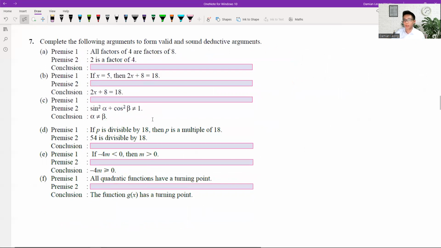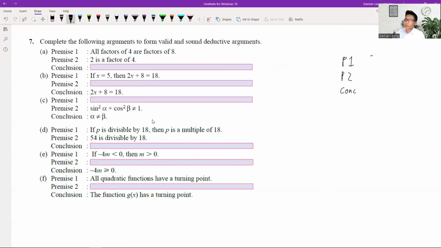Then question 7, we have arguments. Arguments always have a special format: premise 1, premise 2, conclusion.